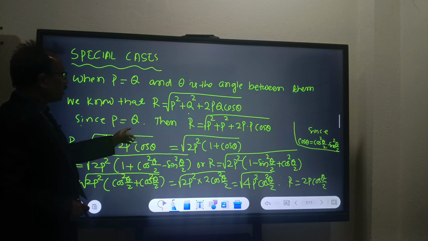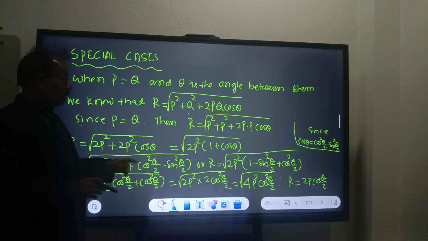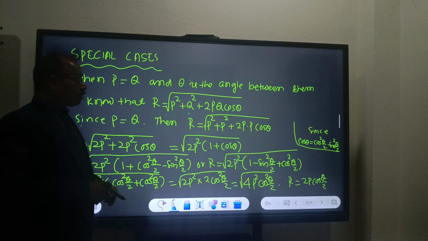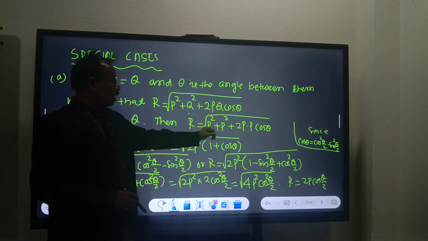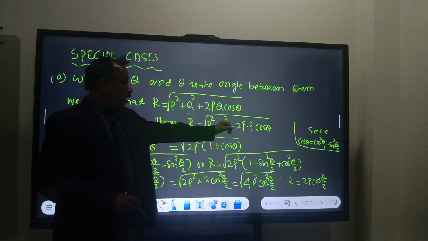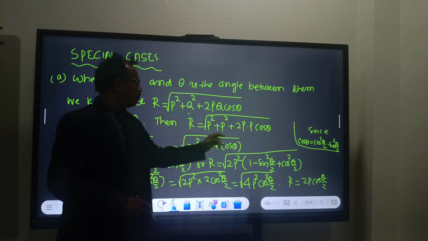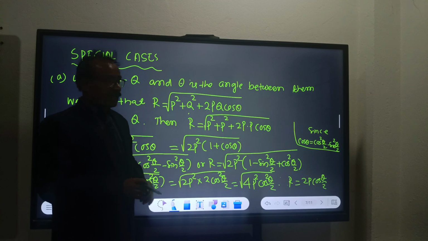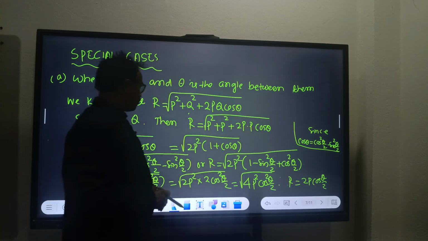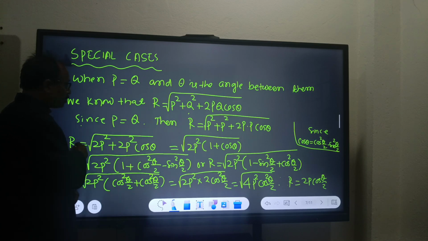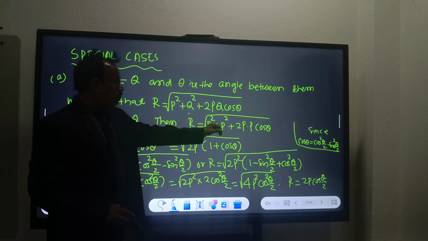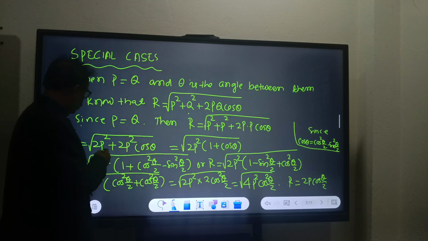Since P is equal to Q, then R is equal to root over P square plus P square plus 2P into P cos theta, because Q is equal to P, or R is equal to root over P square plus P square, which is 2P square.